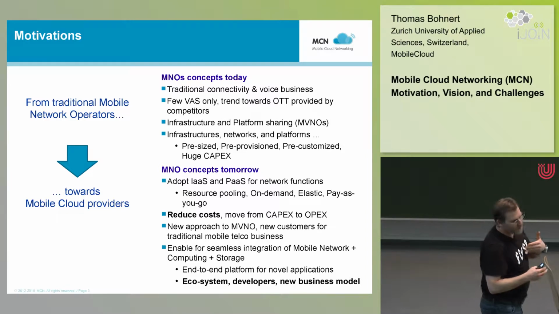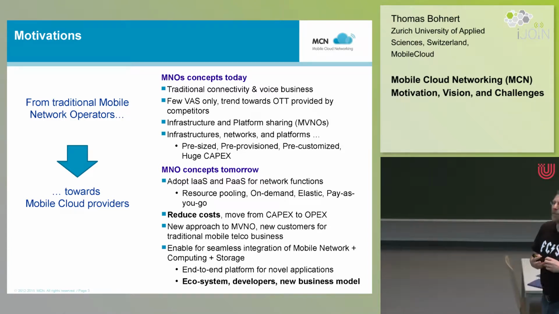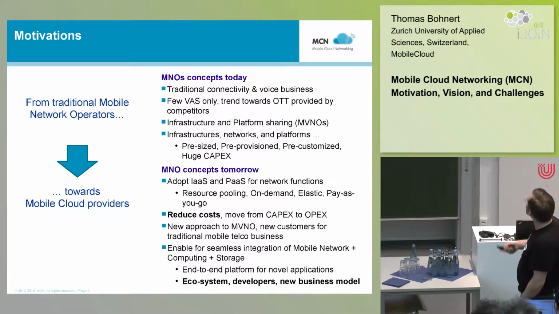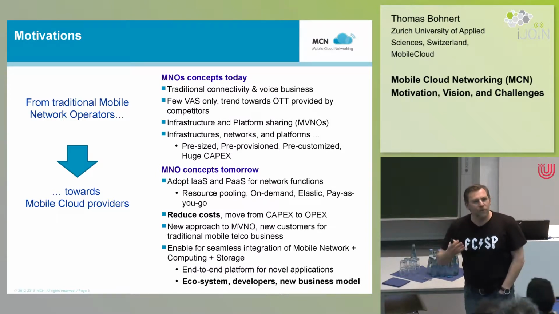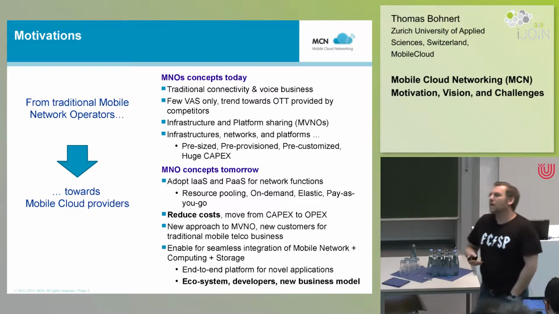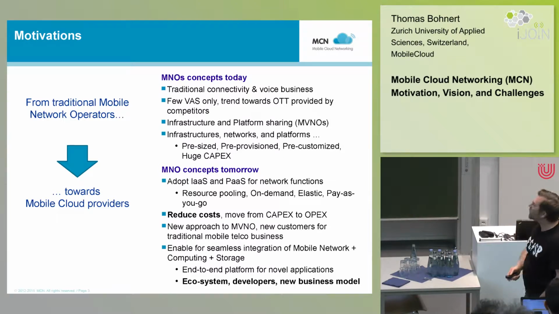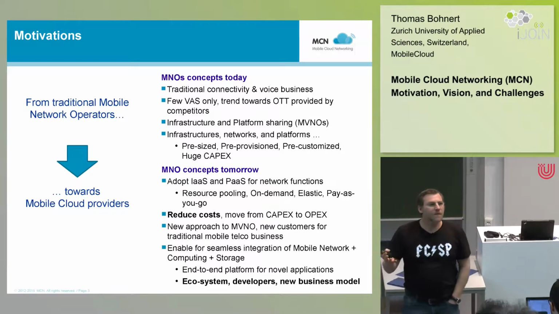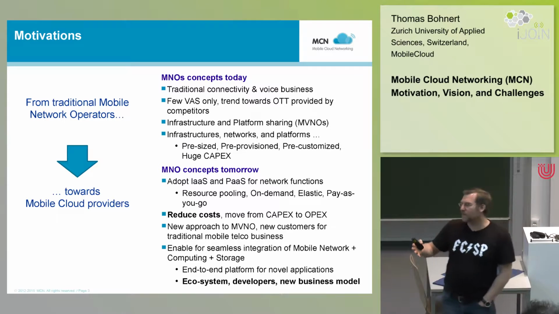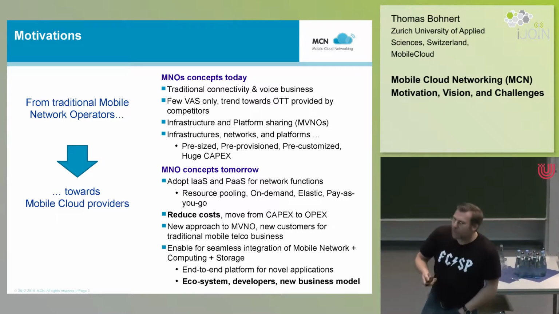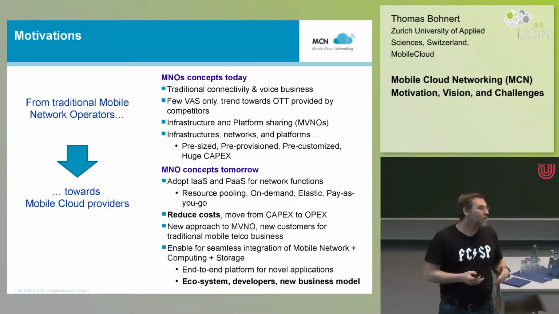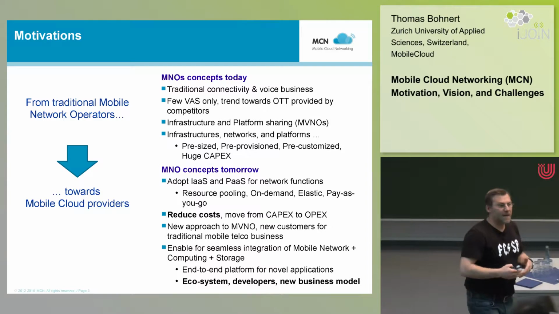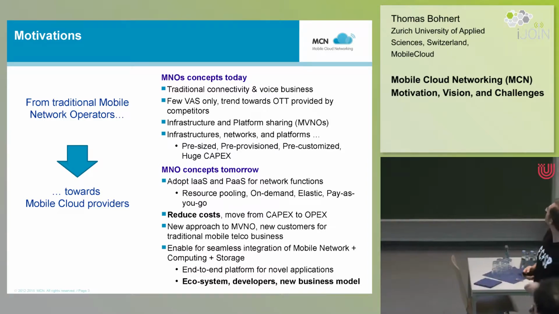And what we thought we may bring to the table with this idea of mobile cloud networking is that we get more flexible networks, based on resource pooling on demand, like all these NIST cloud computing defining principles, right? And at the same time, and that's the other dimension, to be able to bundle new service offerings, right? Such that mobile network operators are no longer just providing connectivity, but maybe can also offer services like connectivity, storage, and compute, or maybe even platforms included as a new service offering to their customers.